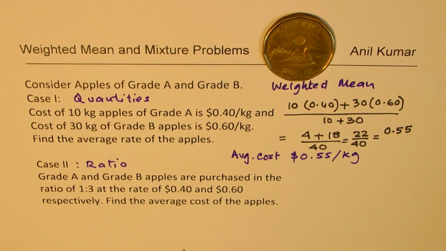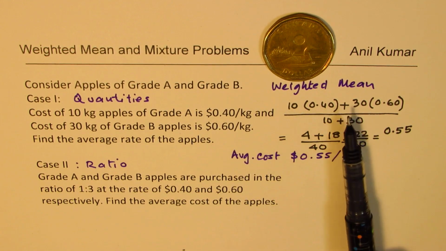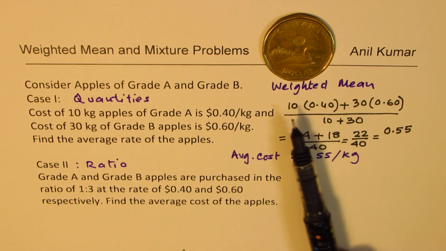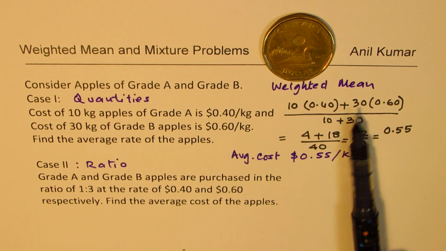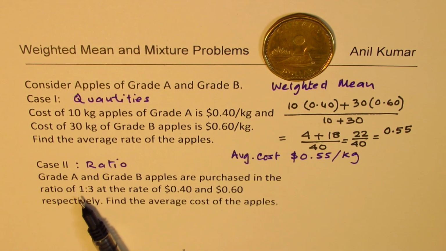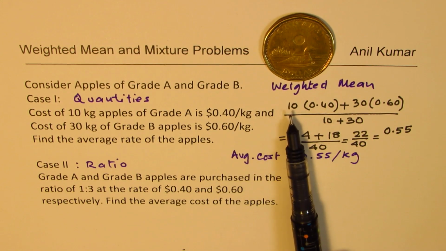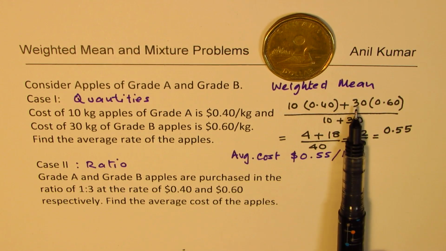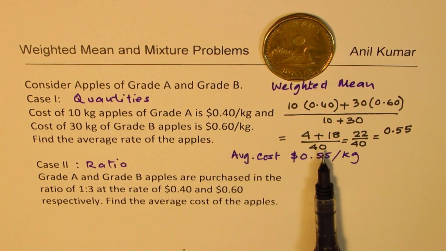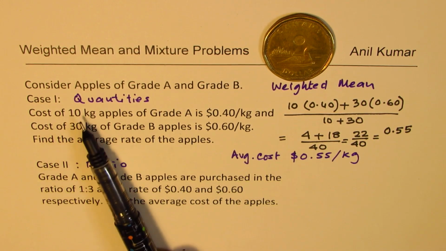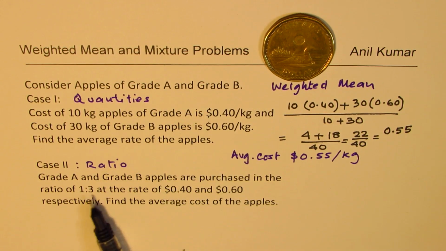Now this concept is important because sometimes these numbers could be very big numbers. Ratios are simplified forms. Now what you notice here is the ratio of 1:3, which is the same as the ratio of 10 and 30. So if we get the same cost, that means these quantities, when written in the form of ratios, give you the same result. Perfect. Let's figure it out.